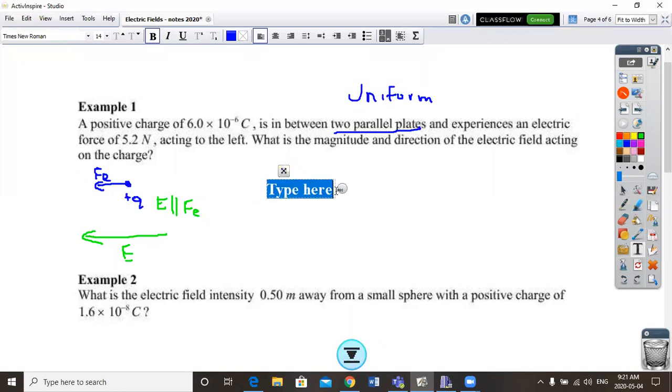Calculating the electric field. So E equals F divided by Q, which equals 5.2 newtons divided by 6 times 10 to the power of negative 6.